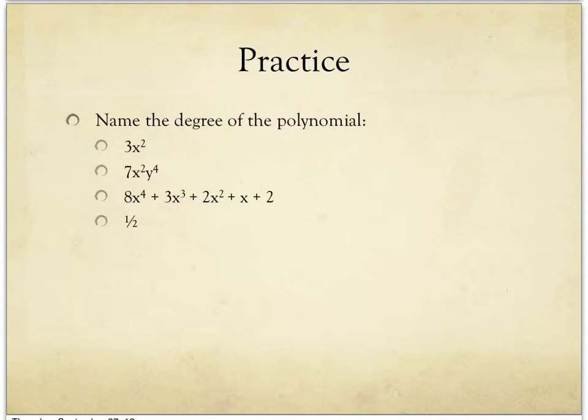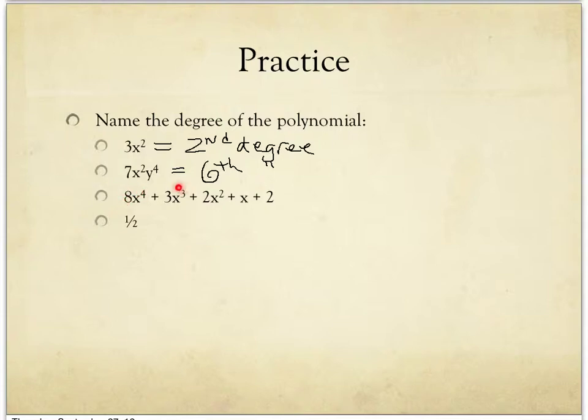So let's name the degree of this polynomial. This first one would have a degree of 2. Where this next one, 7x squared plus y to the 4th, would have a degree of 6. Now here we have a polynomial with how many terms?